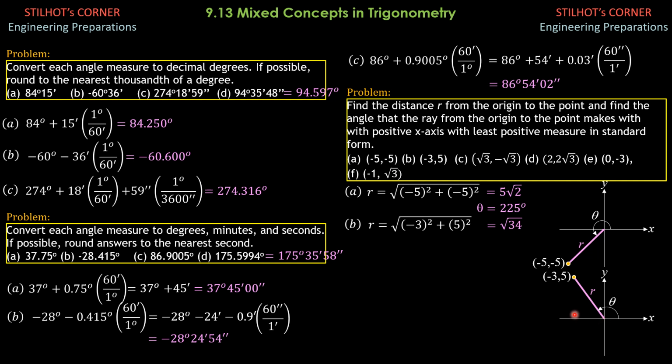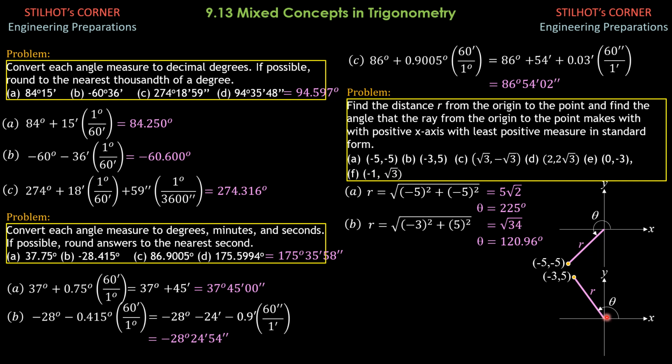Then subtract it from 180 degrees, that's 120.96 degrees. So again, you can compute this angle, arctan of 5 over 3.